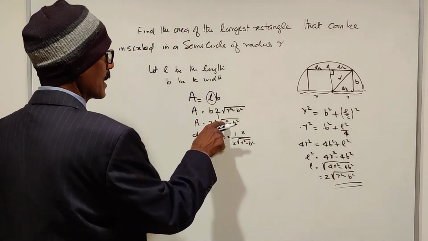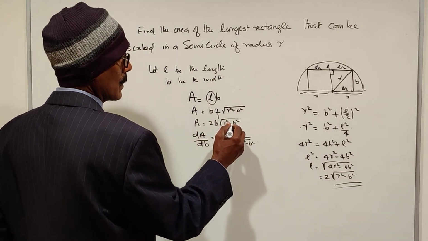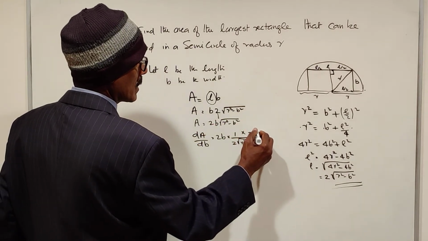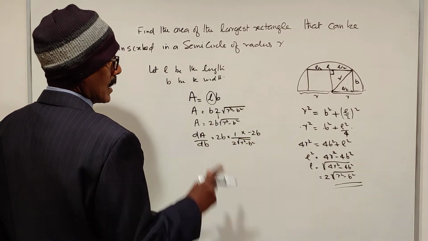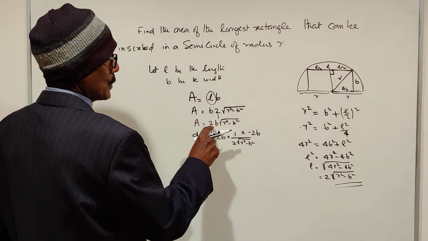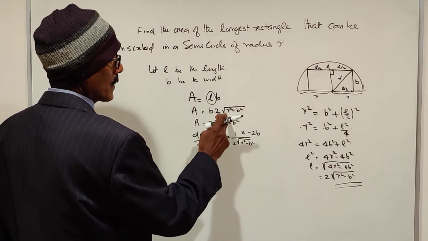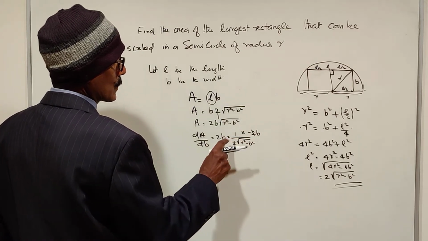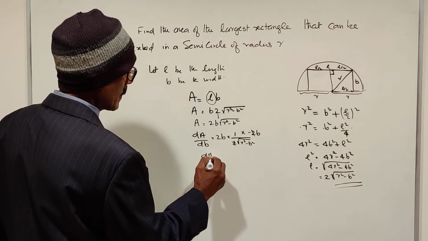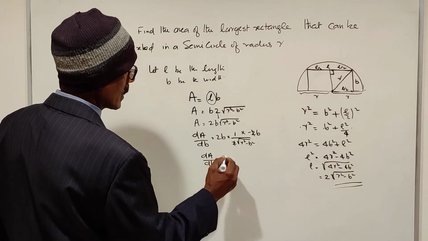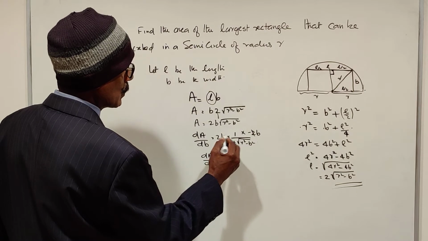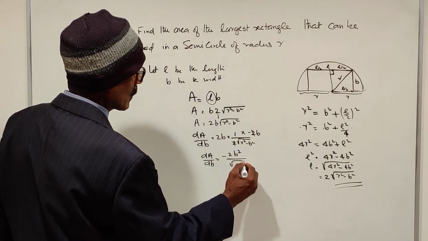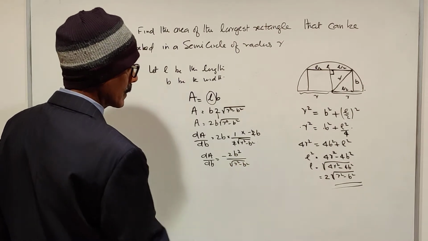The derivative of R square is 0 because R is a constant, and minus B square gives minus 2B. 2 into 2B is a constant, and you can cancel it. So dA by dB equals minus 2B square by the square root of R square minus B square.